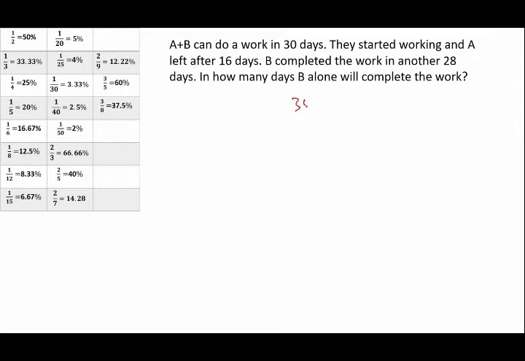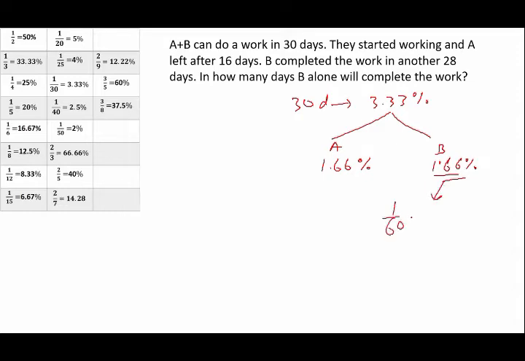It is taking them 30 days, which means 3.33% of work in 1 day. We know that they are equally efficient, which means they are doing 1.66% of work and 1.66% of work. This value corresponds to 1/60 from the fraction table, which means B would have taken 60 days.